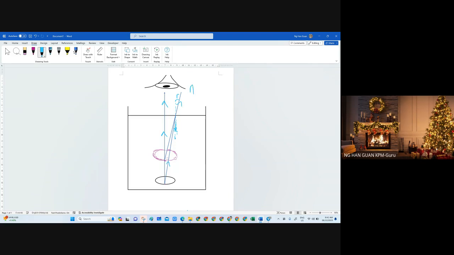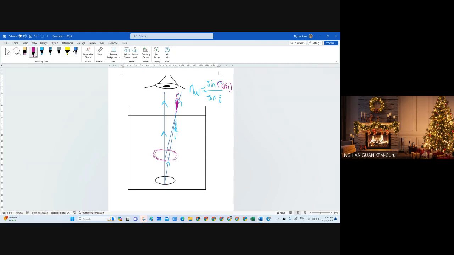So the refractive index of water, we should apply sin r over sin i. Why do we have to apply this? Because this angle r, which is here, actually is an angle in the air. That's why we must put it on top.